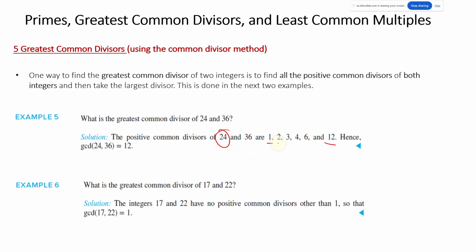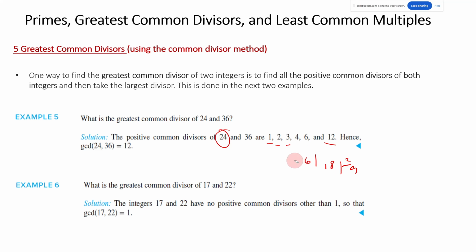Well, 36 also divides by 1, 2, by 3, because 36 divided by 3 gives me 12, right? And 36 divided by 4 is going to be: 36 divided by 2 is 18, divided by 2 is 9, so 9 times 4 is 36, right?